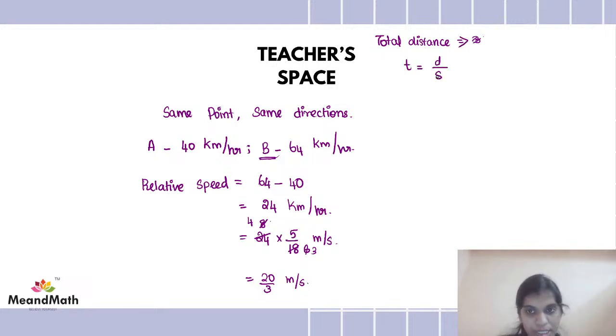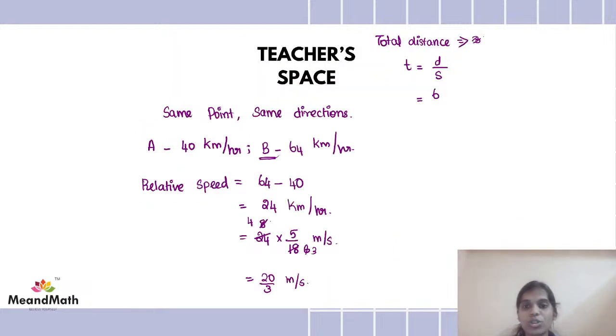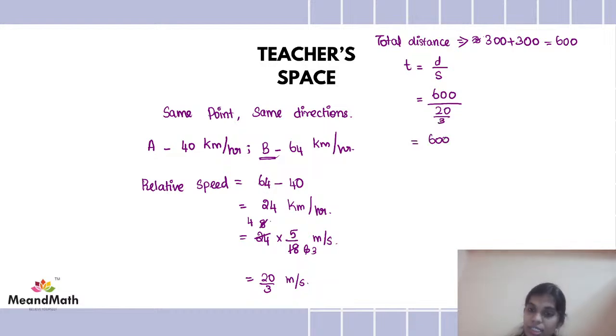Time is equal to distance by speed. If the length of each train is 300 meters, the total distance is 300 plus 300, that is 600, right? So, 600 divided by 20 by 3.